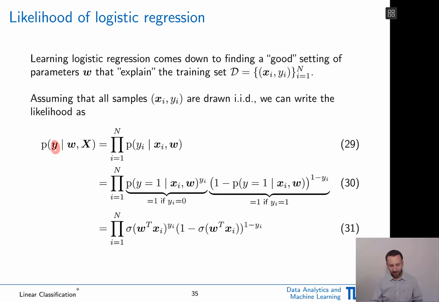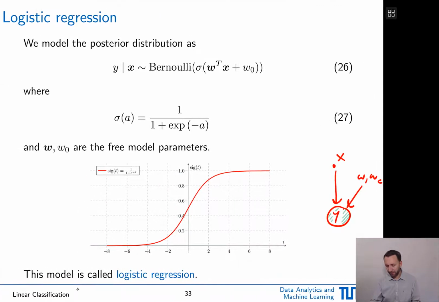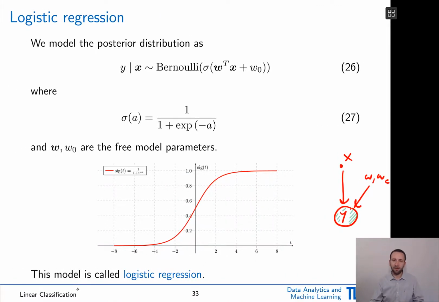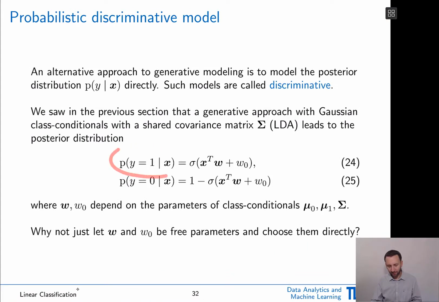So now be careful just with the wording. We say that this is now a likelihood function, because here we have the y in the lower part. We are measuring the likelihood of this observed data, given the rest. But before, if you want to give it a name, this was more like the posterior distribution, because we applied Bayes' rule to get from the likelihood of x.